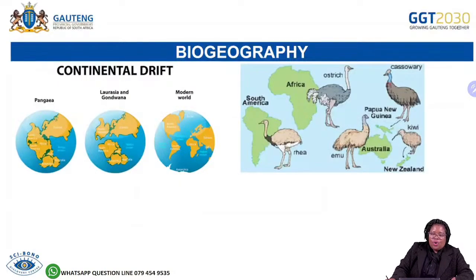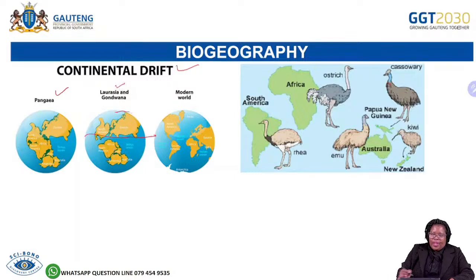So when we continue with what we think causes the separation of those, let's summarize that now, talking about continental drift. Remember, we used to have one land mass, which is the Pangea, and then over a period of time, we had what? Laurasia separated from Gondwana land.